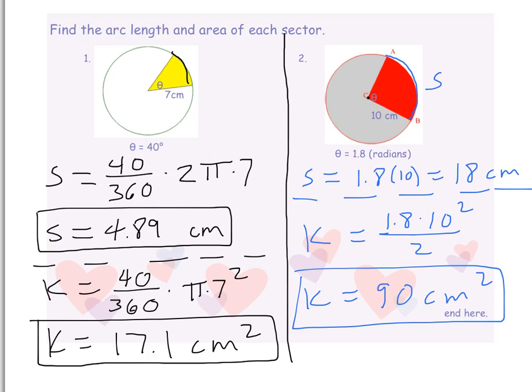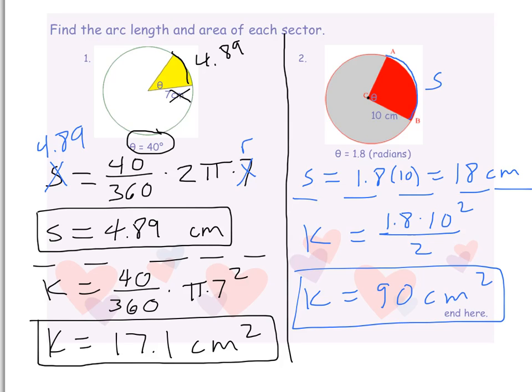What you'll see in your homework as far as slightly different problems from here, it would be conceivable, let's say I gave you that the arc length was 4.89. I gave you the angle, but I wanted you to find the radius. What would change here is S would have been something I had, and R would have been unknown. It's the same formula.